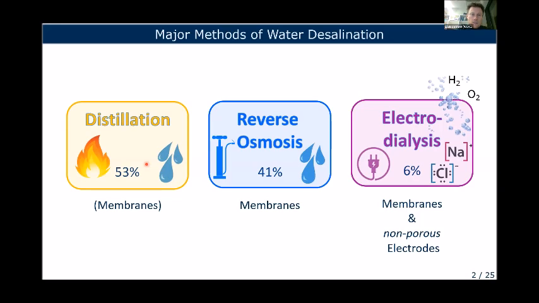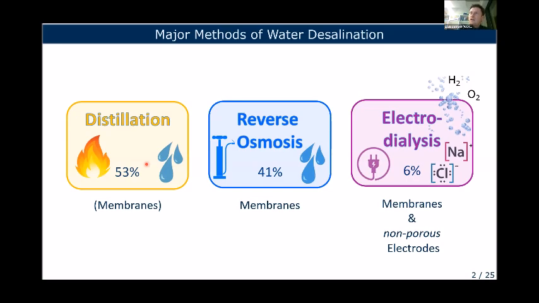We already heard quite a bit on membrane distillation, which is one of the biggest techniques used to desalinate water. You can do that with or without membrane, of course. There you use heat or a difference between two temperatures to transport the water and to get it desalinated.